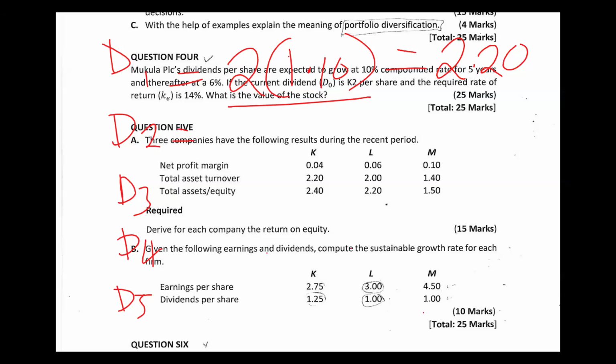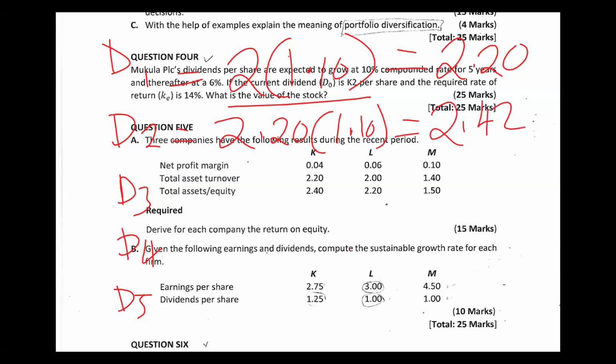It will be the same 2.20 now, because towards the end of the second year this would have grown to that, and we're growing it at 10%. So what do you find? 2.42.